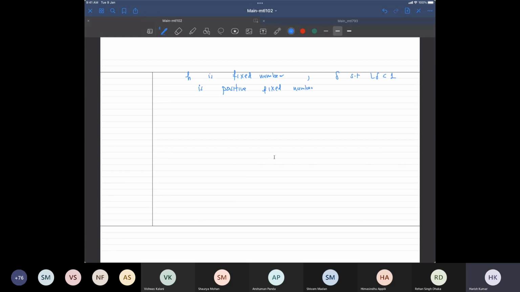So if I draw on the line, t minus t naught less than h, let's say I have t naught here, this is t naught minus h, and this is t naught plus h. No matter what delta is, if it is a small number like this, this will be I delta.